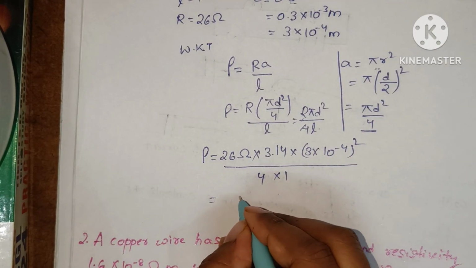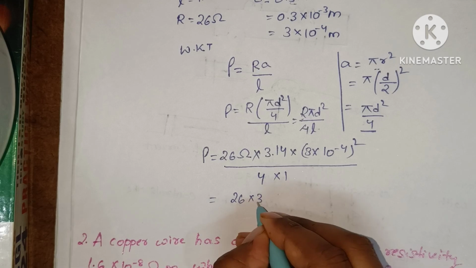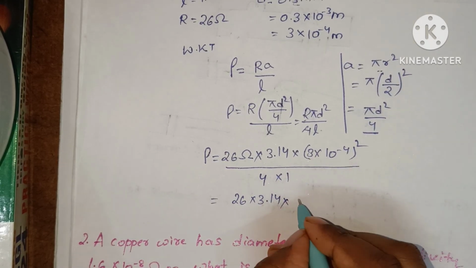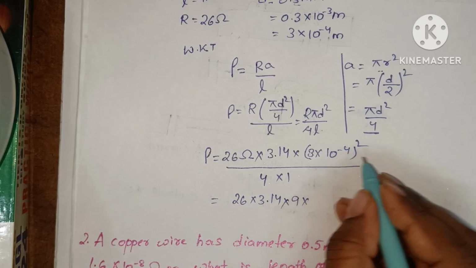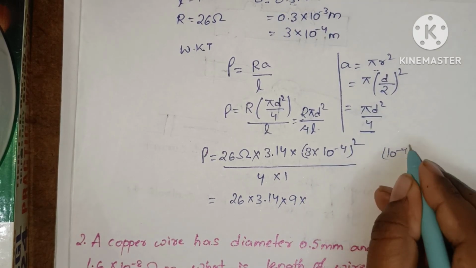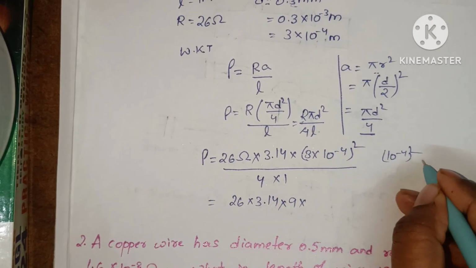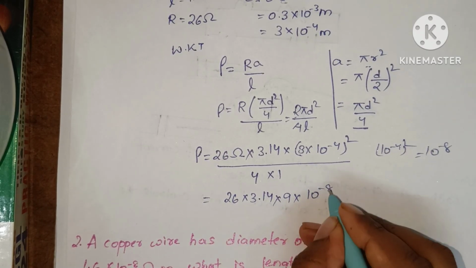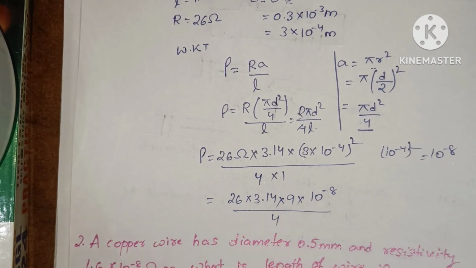So write down here 26 into 3.14 into 3 square means 9 into 10 power minus 4 whole square, means 10 power minus 8, right? So into 10 power minus 8 by 4.